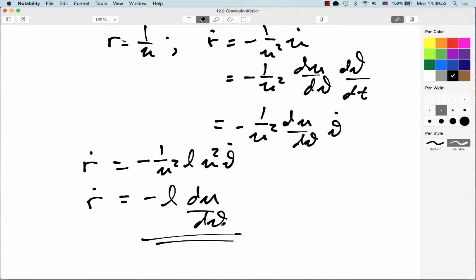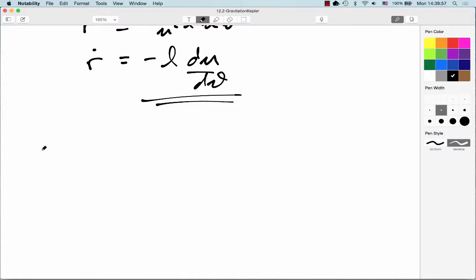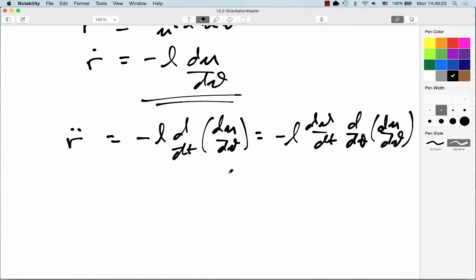So once I've gotten that r dot is minus L du d theta, I can get an expression for r double dot. So there'll be minus L d dt of du d theta. So this is minus L d theta dt d theta of du d theta.